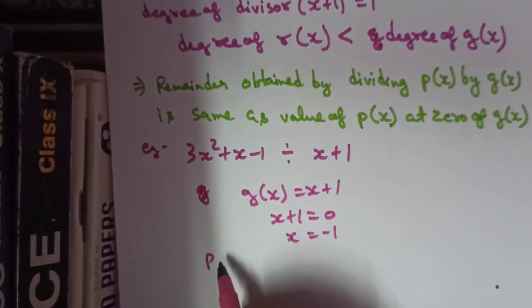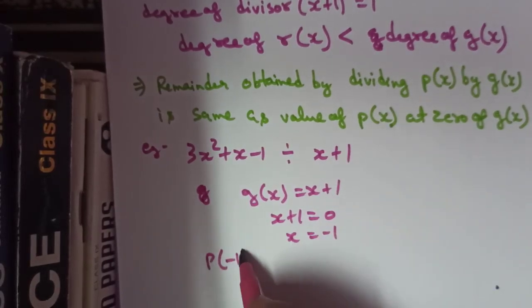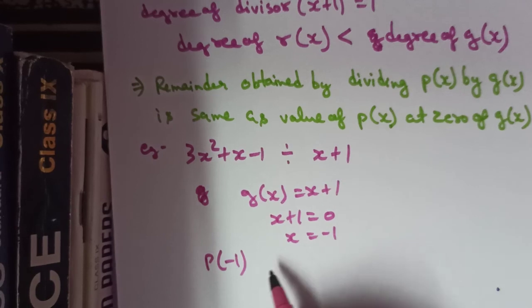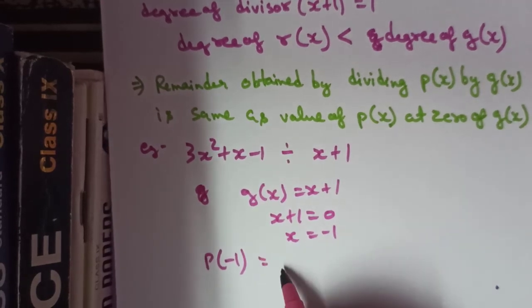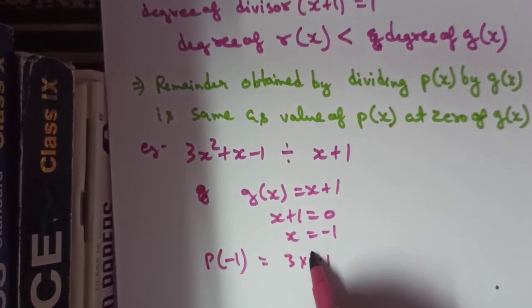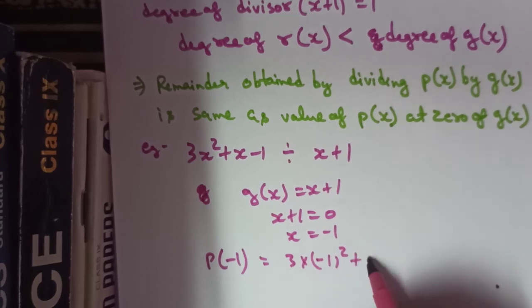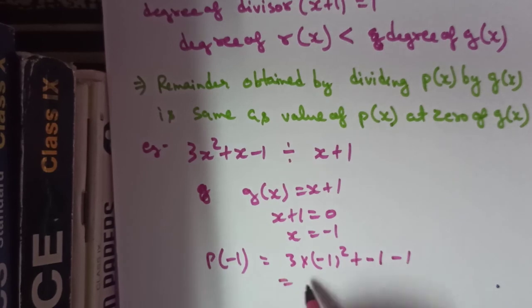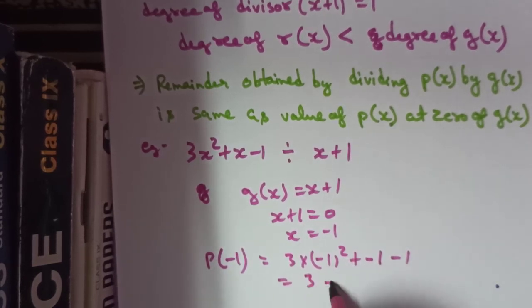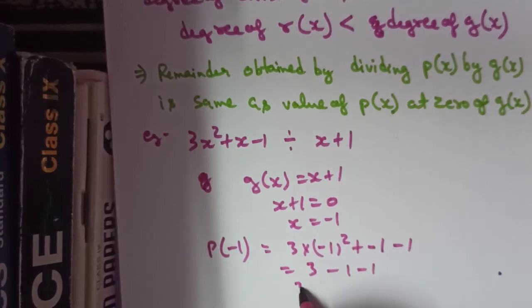The value of p(x) at the zero of g(x) will be p(minus 1), that is p(x) at x equals minus 1. p(minus 1) is 3 times the square of minus 1, plus minus 1, minus 1. Minus 1 square is plus 1, plus 1 into 3 is plus 3, minus 1 minus 1, that is 3 minus 2, which equals 1.